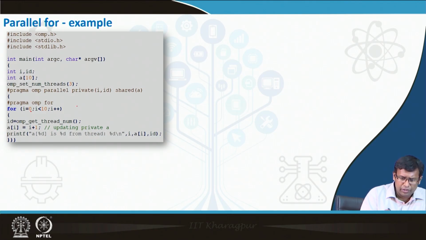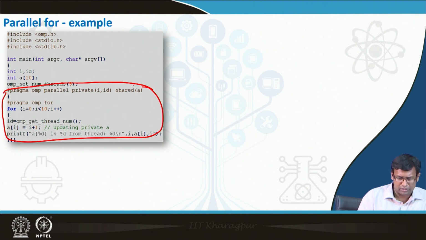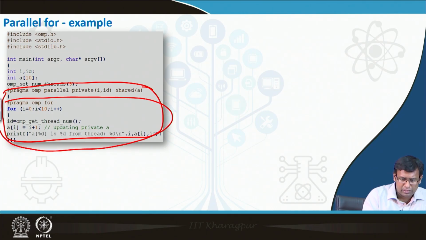So multiple threads will be there. What is the construct here? What is called inside pragma omp parallel is executed by multiple threads. This is a construct, and then we call pragma omp for, and what is called within pragma omp for is another construct.